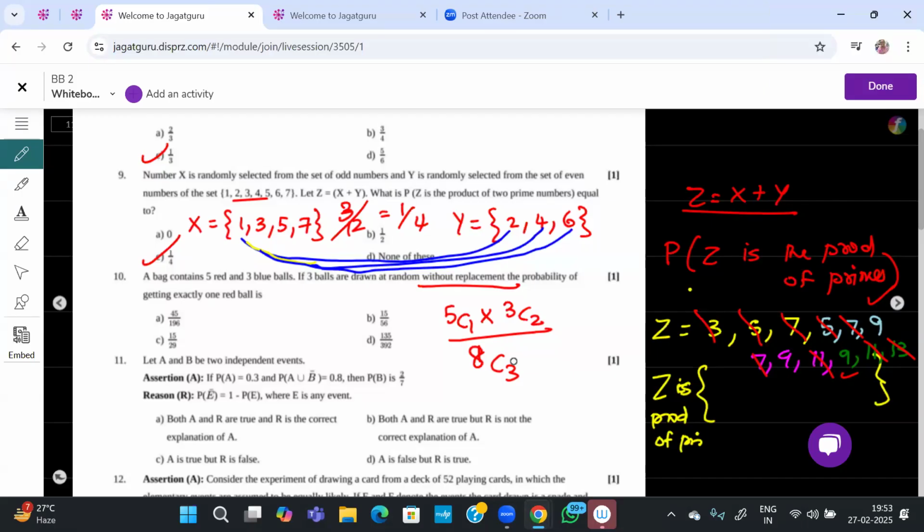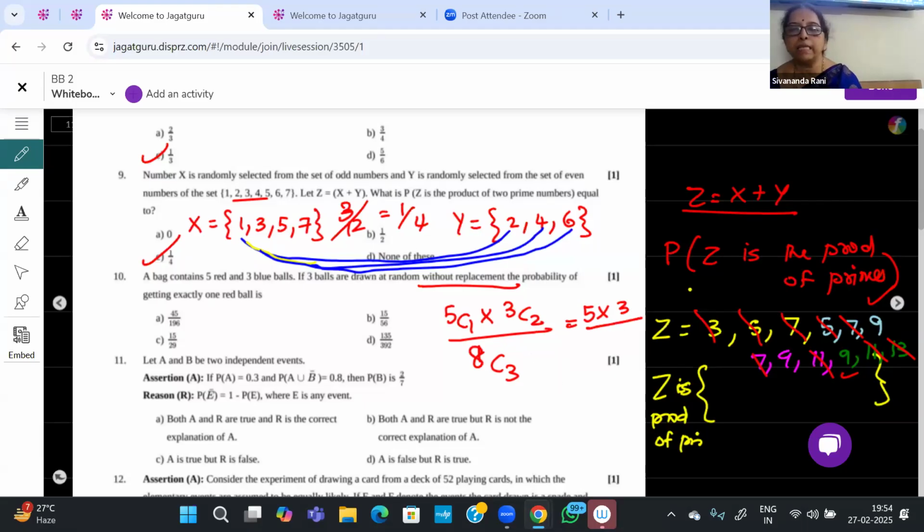So it's 15 by 56. Very good. Correct, Nishan. 5C1 is nothing but 5. 3C2 is nothing but 3C1, which is 3. And 8C3 is nothing but 8 7 6 by 3 factorial. So 6 and 6 will get cancelled. 56. So 15 by 56. Yeah, the option is there.